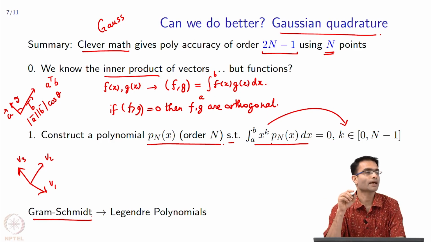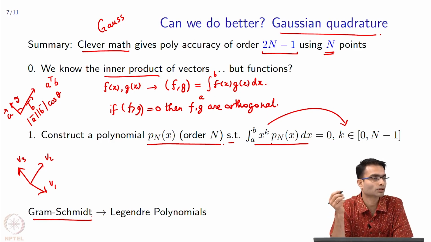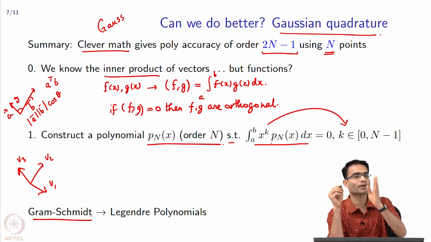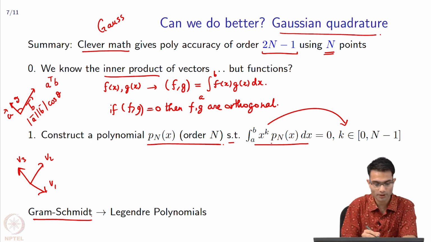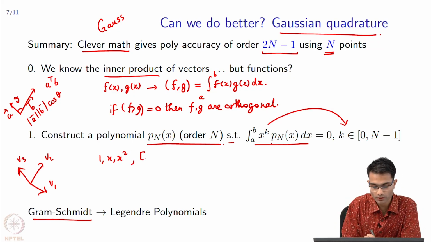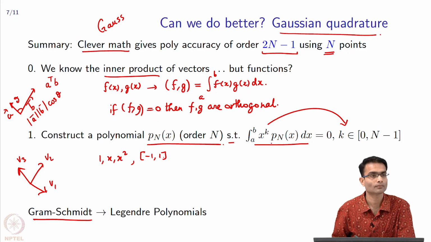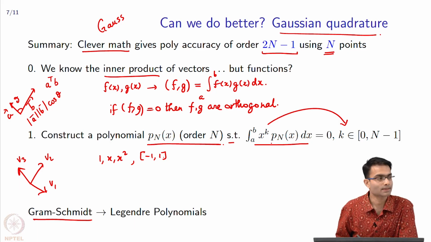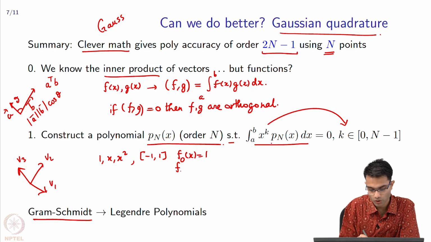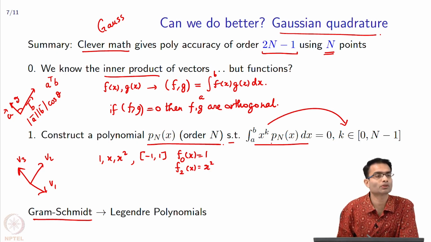This same process I can apply to functions, because the concept of dot product or orthogonality holds true for functions also. So, I can start with 1, x, x squared, x cube, all of these. Supposing I take 1, x, x squared, and I give you the interval of minus 1 to 1. Say the function f 0 of x is equal to 1 and f 2 of x is equal to x square. Are these two orthogonal to each other?